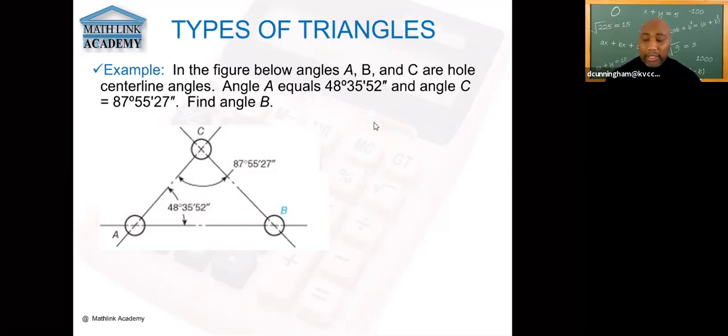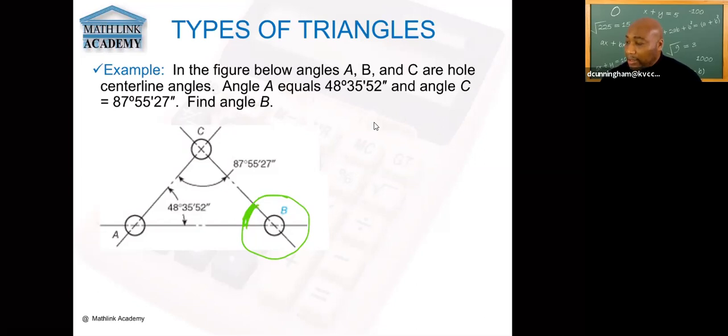And angle C has a measure of 87 degrees, 55 minutes, 27 seconds. Now, what we want to do is find angle B. So we have to refer back to what we've learned in the past. Here is angle B, right here, what I'm highlighting.